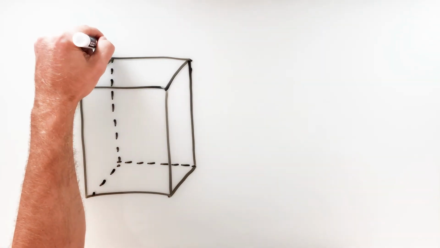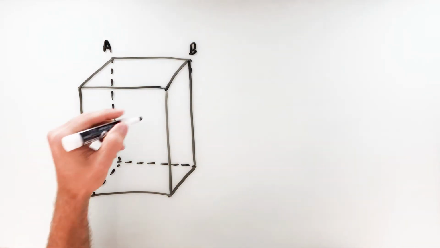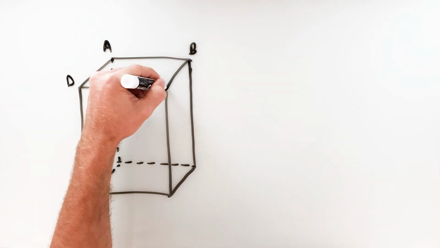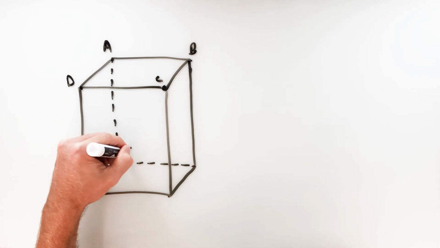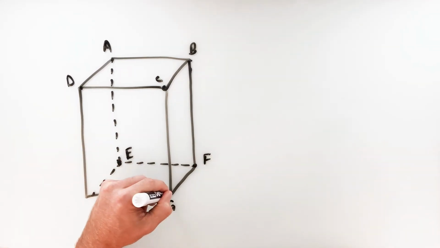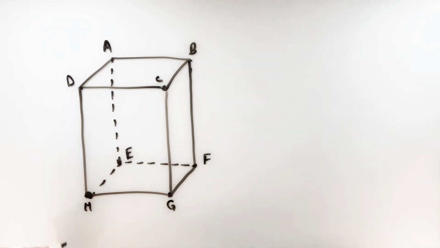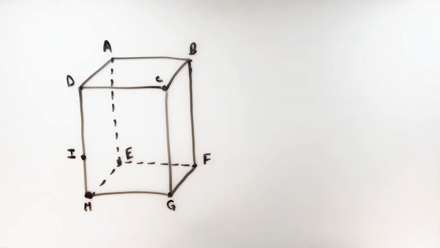Okay, so the corners of the box, we're going to put a letter on each one. So we got 4 points at the top of the box, 4 points at the bottom, and I'm going to put a little random point here on the side.